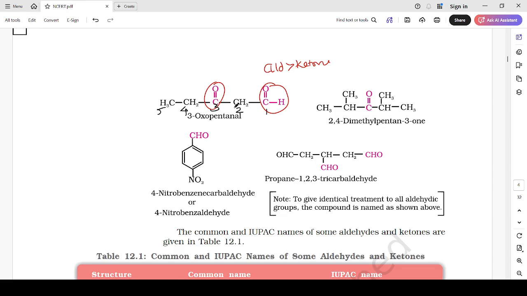Whenever ketone and aldehyde both are present in the same compound, I call the ketone as oxo. Aldehyde is also there, ketone is also there in the same compound. Then I call the ketone as oxo. 3-oxo. Totally 5 carbon pentanal. You can see we are ending the name with al. So aldehyde is the priority here for us.